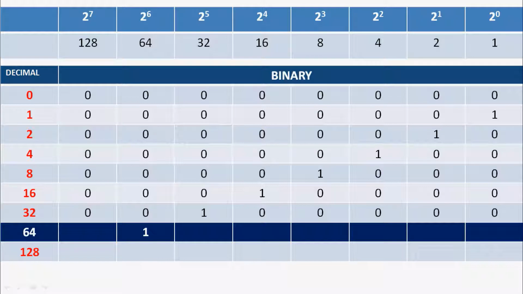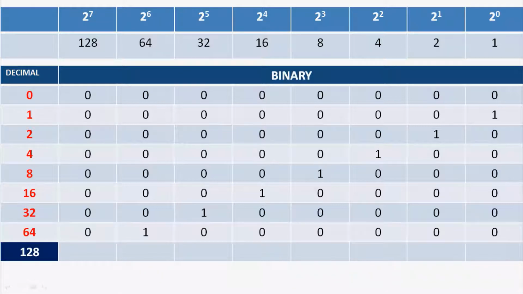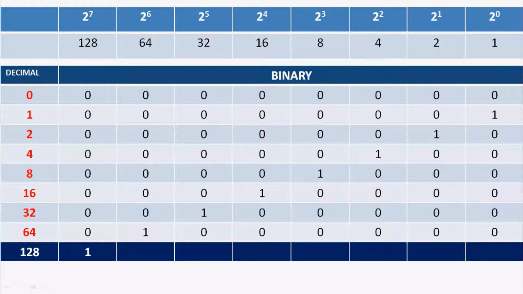And coming to 64, straight to 64, this is almost the most significant bit, and all other bits will be 0. And finally we can see 128. So straight to 128 we have to put 1, and all other bits to the right side we have to put zeros.